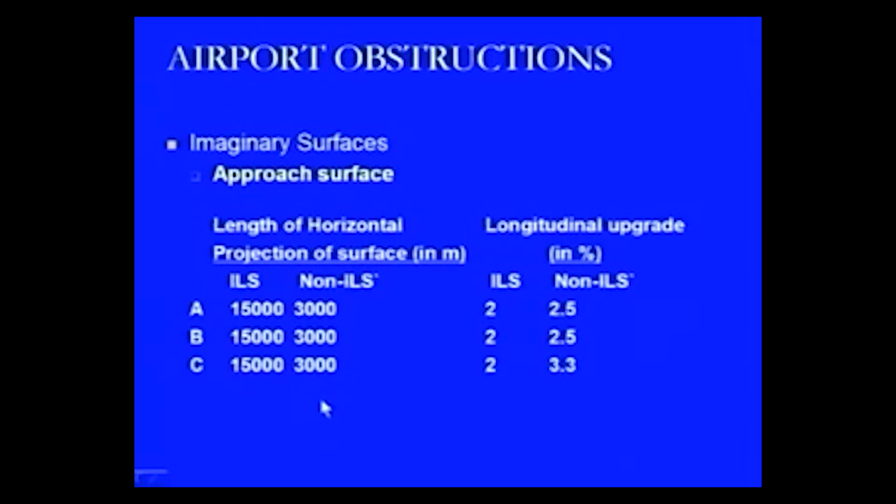Then for C, again there is the same value in the case of length of horizontal projection, but in the case of longitudinal upgrade it is 2% and 3.3% respectively for ILS and non-ILS condition. Then for category D, for non-ILS condition it is defined as 2200 meters, whereas for the longitudinal upgrade it is 4%, and for E it is 16,000 and 5% respectively.